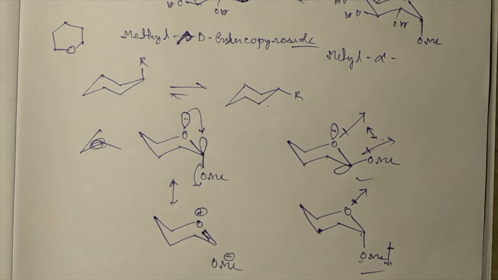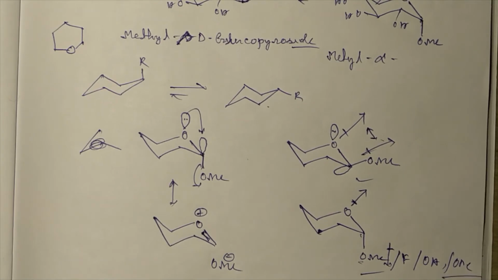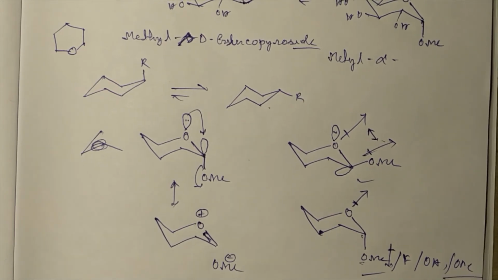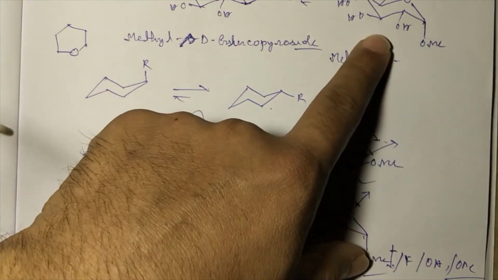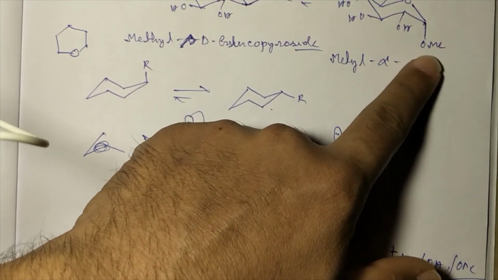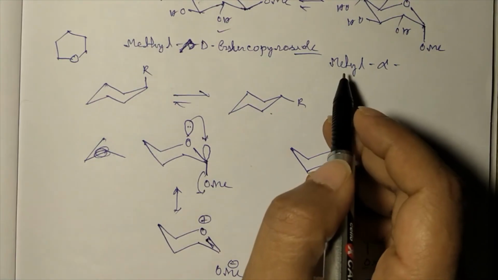And this anomeric effect is observed with any electronegative group like OMe, fluorine, OH, and the percentage of axial isomer will vary with the substituent. One effect is observed here.